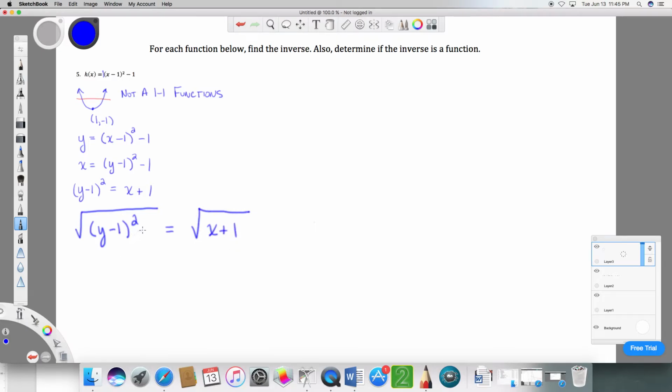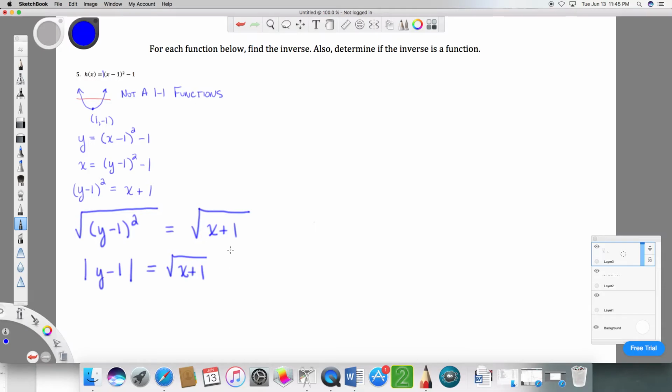Now, you have to be careful on the left-hand side when you take the square root of a variable. Right now, just by looking at this, I don't know what the range of this function was. So I'm going to have to keep absolute value symbols around that for just a moment and think about if I can remove them or if I have to continue with this absolute value symbol.